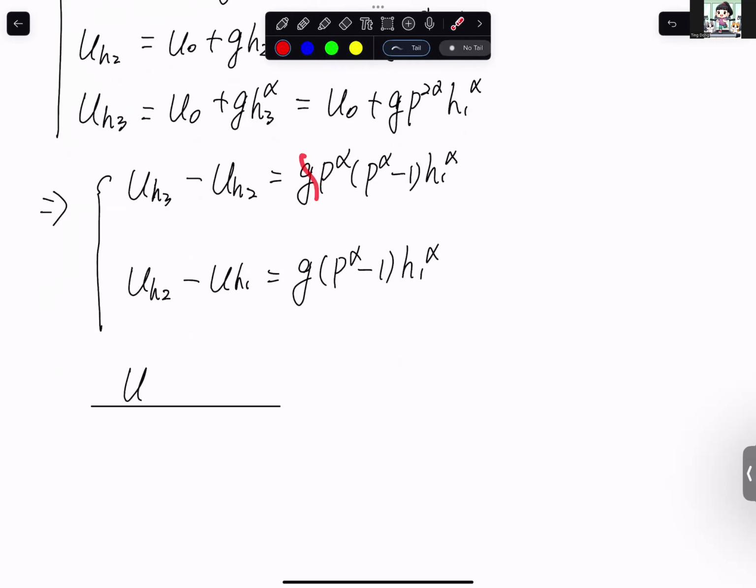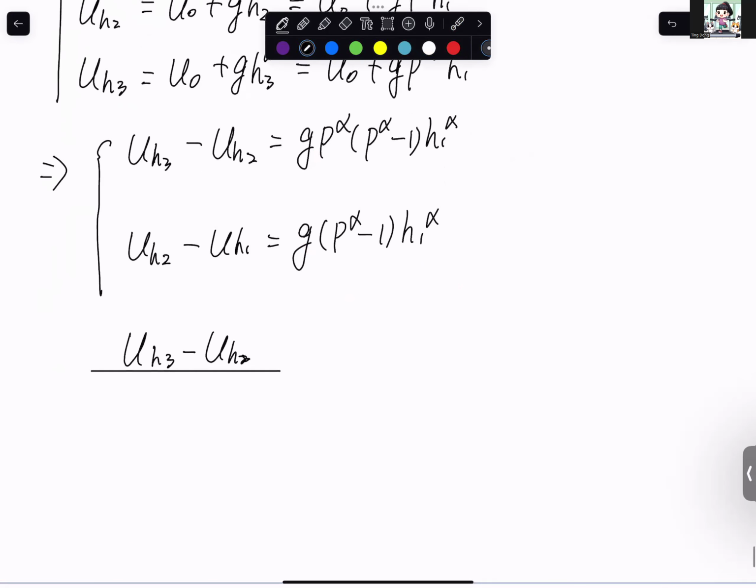You can see that we have G here, and this part is also the same. So UH3 minus UH2 over UH2 minus UH1, this ratio is equal to P to the power of alpha.